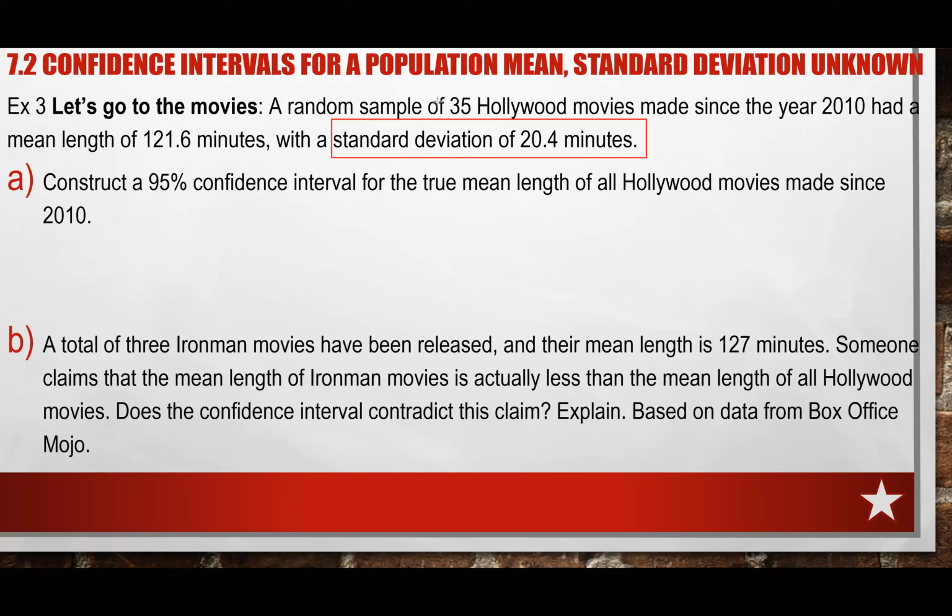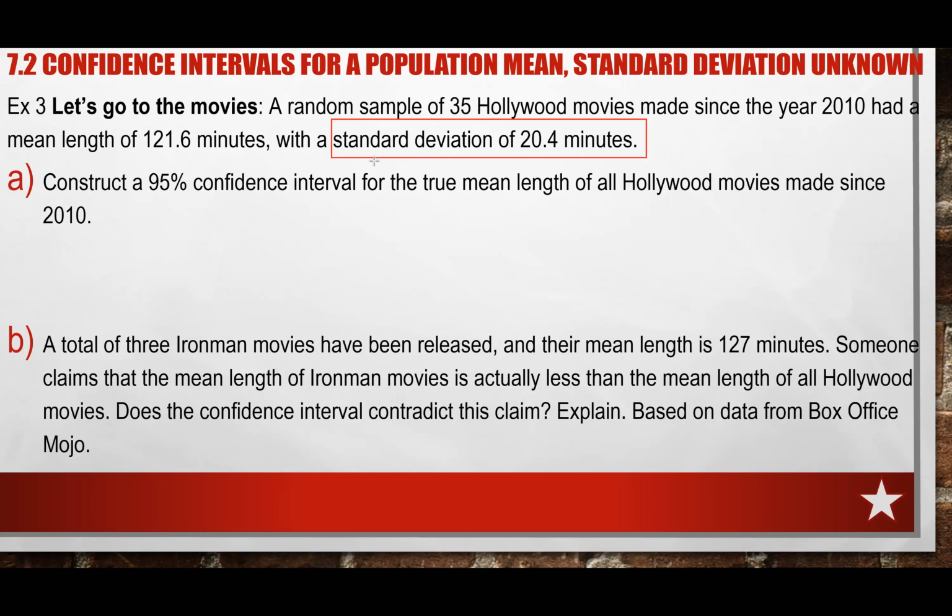Okay, so this is the random sample of 35 items we have. With these 35, we have the mean of 121.6 and the standard deviation of just these 35 items, not the population. So if they write it this way and don't spell out population standard deviation, right?